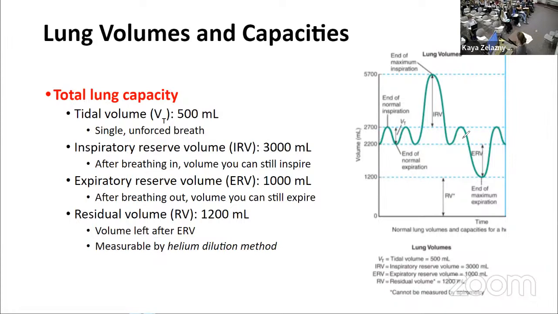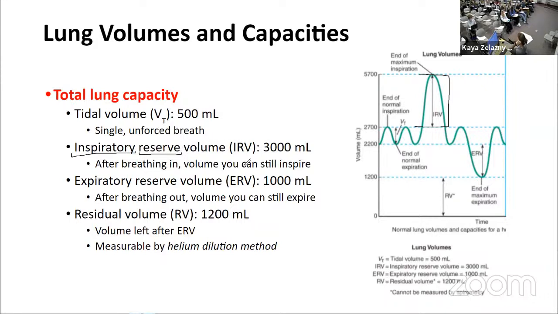That extra amount above the tidal breath that you breathe in here, this part, this is your inspiratory reserve volume. So inspiratory for inspiration, for breathing in, reserve, it's like the extra, like it's on reserve, like you could breathe in that amount if you needed to, but you usually don't need to when you're relaxed.